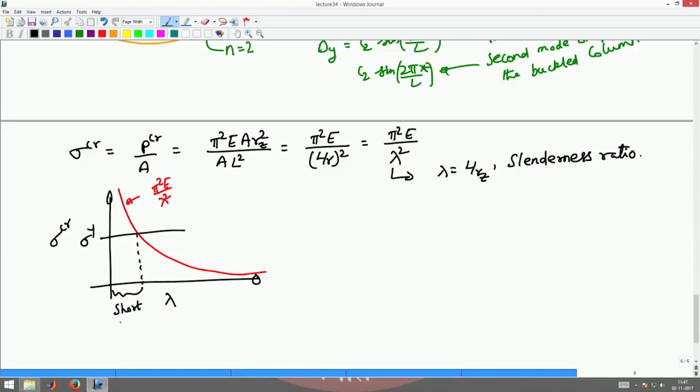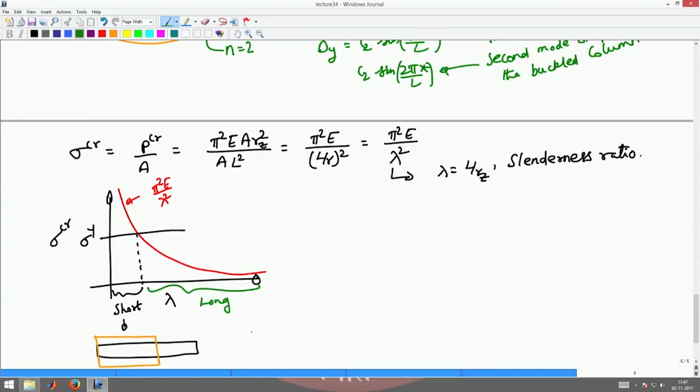Okay. In a short column, if I have a bar, it will compress axially and it will fail in this mode. In this regime, it is called a long column, just like the ruler that I showed you.